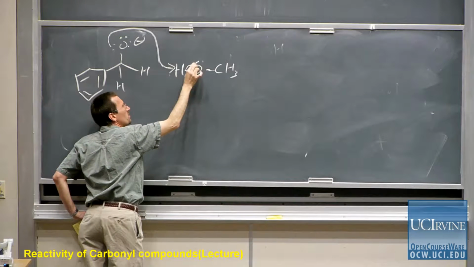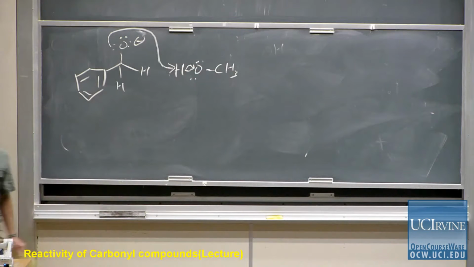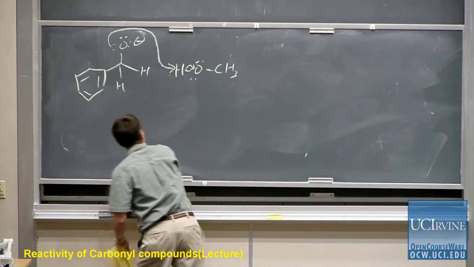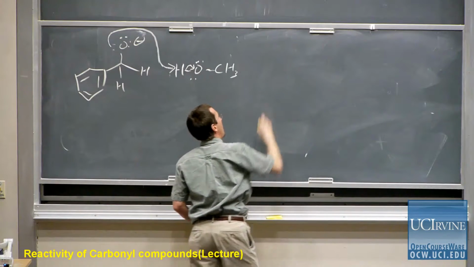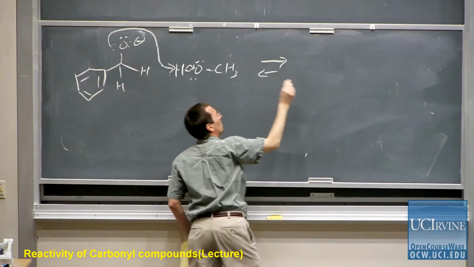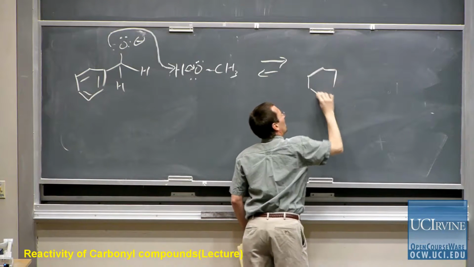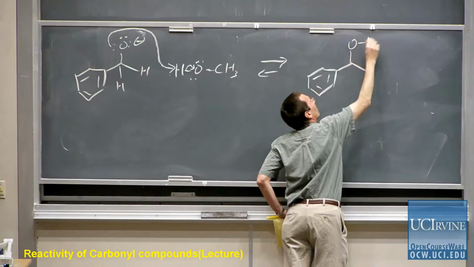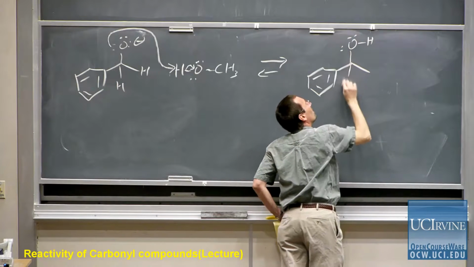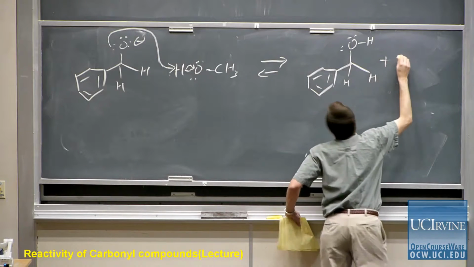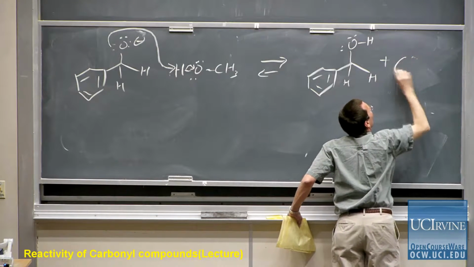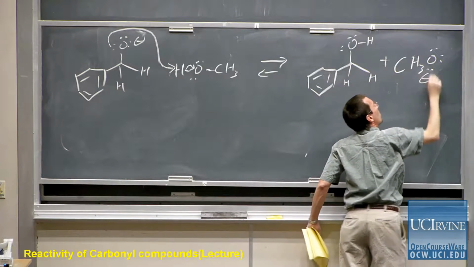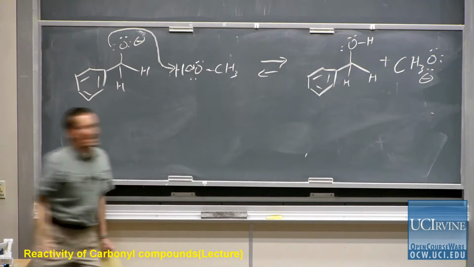We put electrons back onto the oxygen, and after all is said and done, in this equilibrium reaction, now driven by the mass action of having so much methanol in it, now we have our alcohol and methoxide anion.